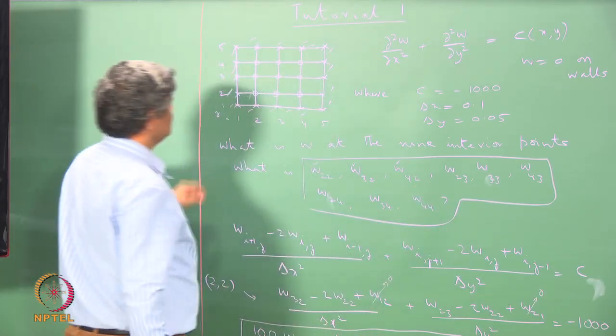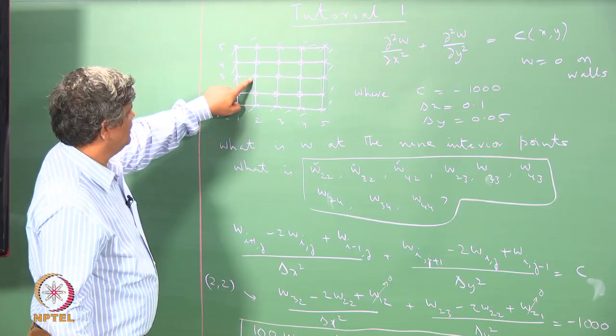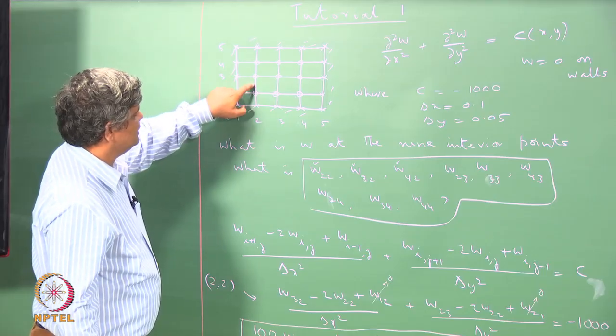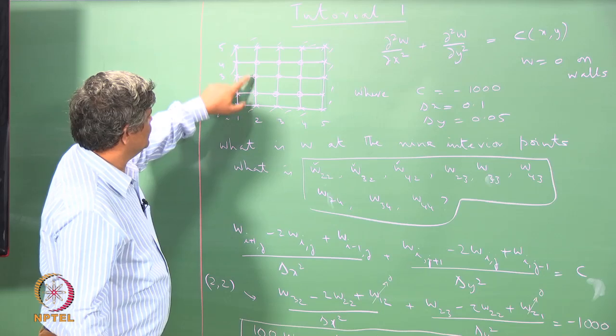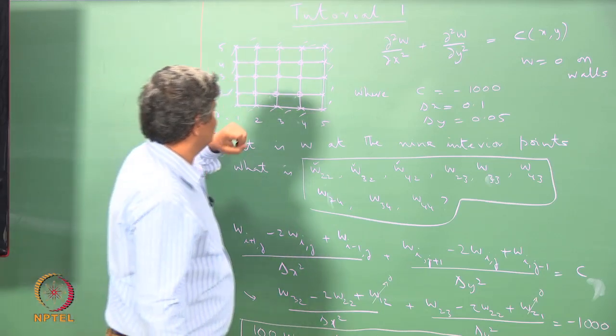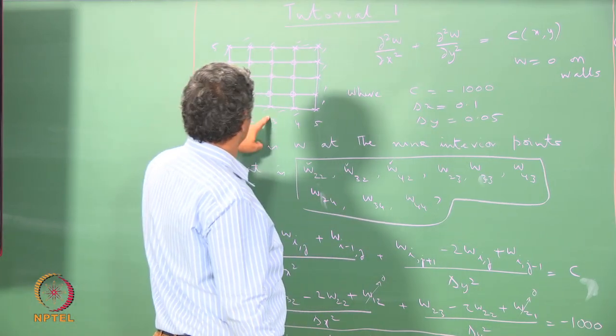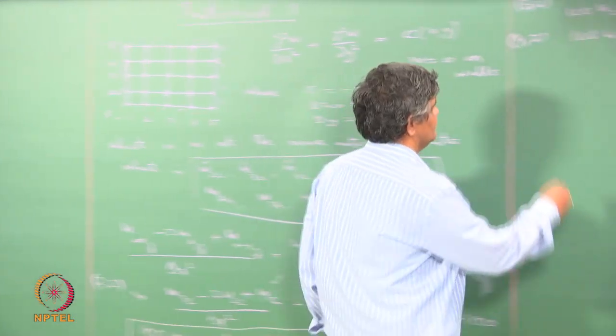We come to W23, so that is this point here. So we get nothing from here, and we get 100 of this, 400 of this, 400 of this, and then we have 100 of W33.